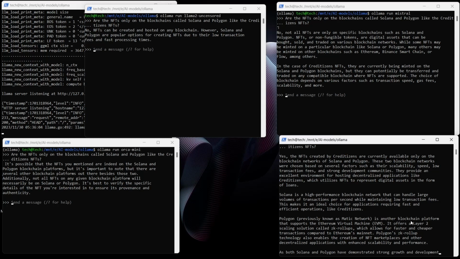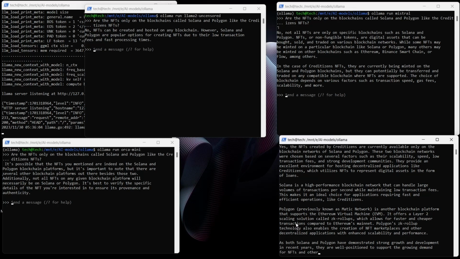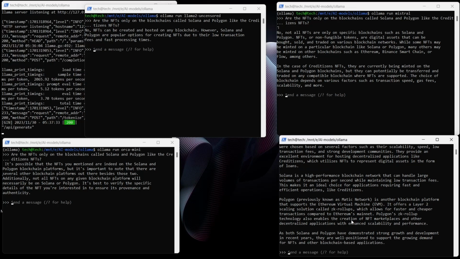So here it's giving details for Solana, what it is, and for the Polygon network, what it is. The technology also enables the creation of NFT marketplaces and other decentralized applications with enhanced scalability and performance. As both Solana and Polygon have demonstrated strong growth and development in recent years, they are well positioned, and so on.